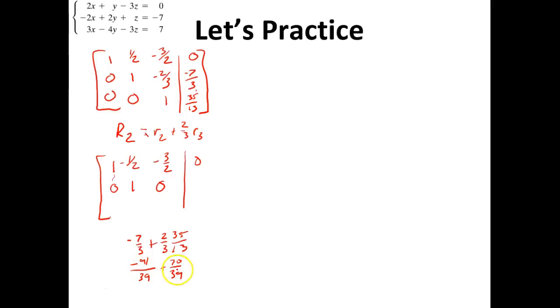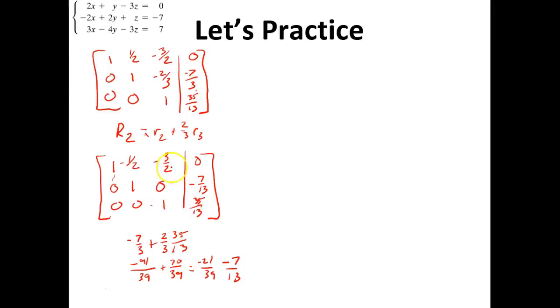This is going to be negative 21 over 39, which I see a 3 comes out of top and bottom, negative 7 over 13. And fortunately, at least some stuff simplified, and the bottom stays the same, 35 over 13. You'll get excellent practice with your fractions doing something like this.